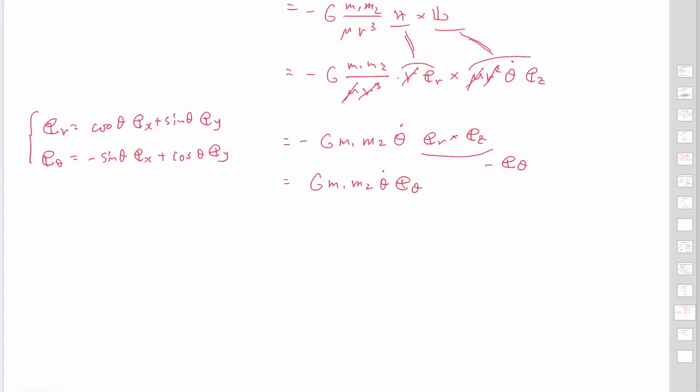If you find the derivative of e sub r dot, it becomes minus theta dot sine theta e sub x plus theta dot cosine theta e sub y. So except the theta dot, it's becoming e sub theta. So this is equal to theta dot e sub theta.